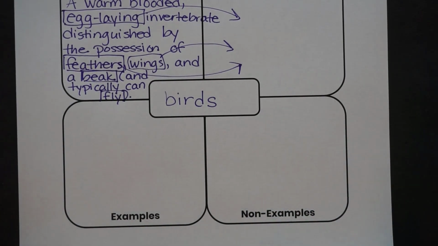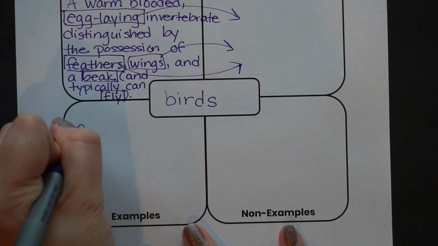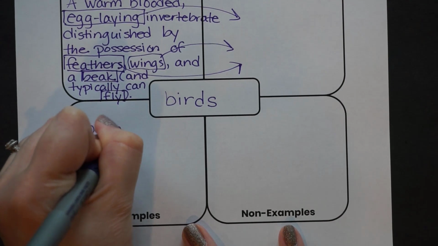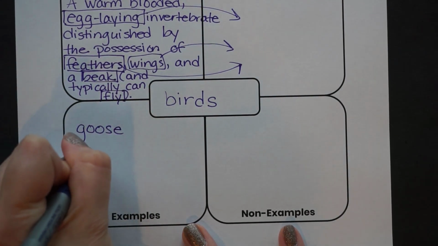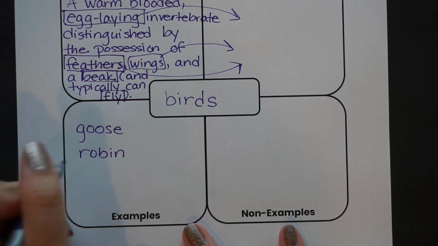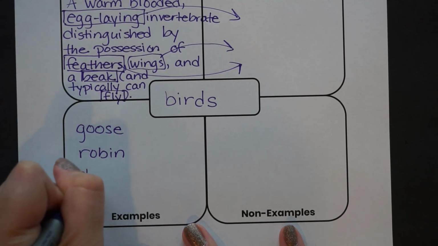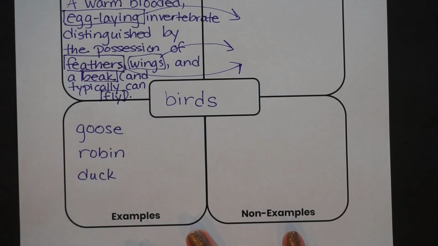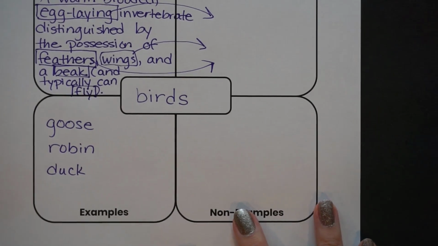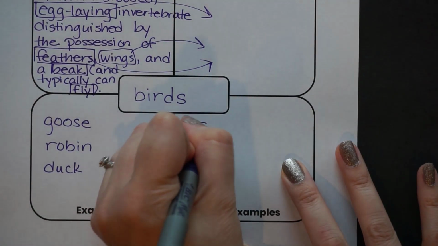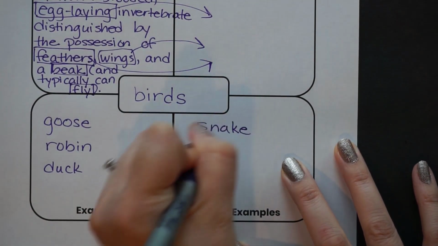So we're going to talk about making sure that the child knows categories. So we know for sure that a bird is a goose. We know that it is a robin. We know that it is a duck. We know that an example of an animal, a non-example, would be a snake or a turtle.